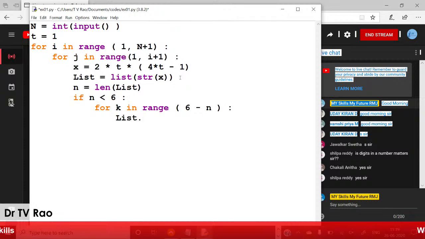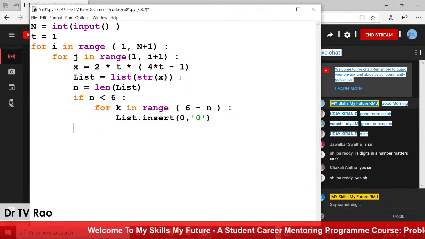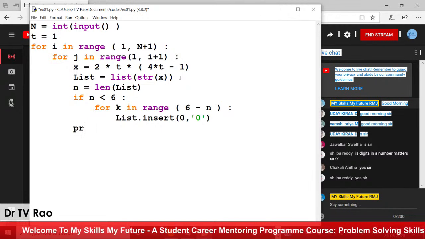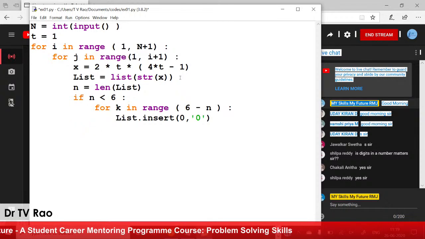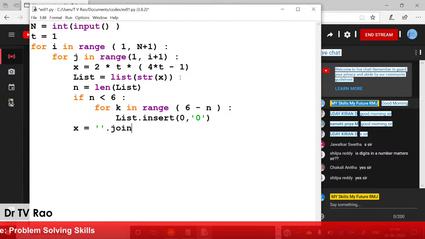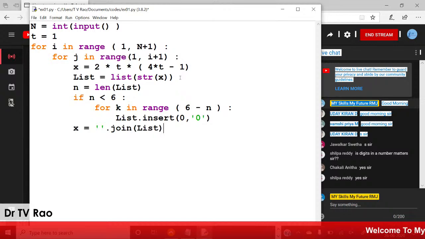Where do you insert? At 0 position. What do you insert? Insert 0 as a string. Okay, now insertion is done. Now once insertion is done, you convert this into a single string by joining with empty string. Okay, now it becomes a single string, right?